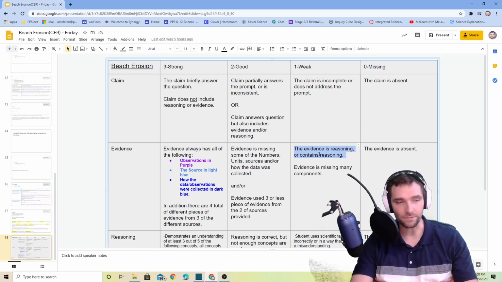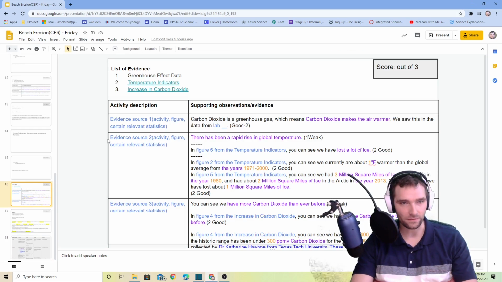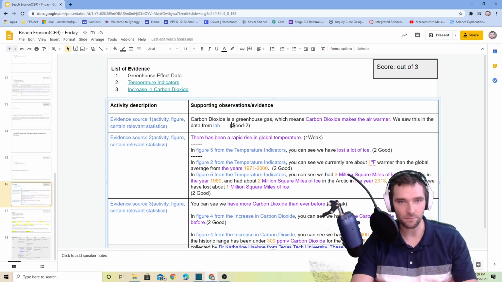This is something that I really do not want you guys doing. So this actually is a 1, which is weak, because this is evidence right here and we're going into that reasoning right here. If you're giving me stuff like that, it's going to be considered a weak argument.